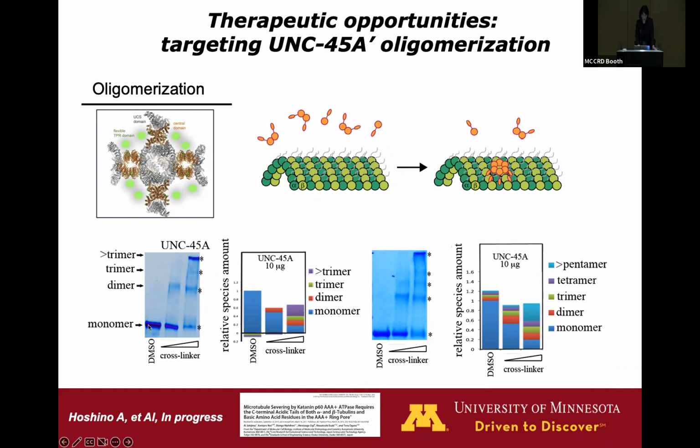We're looking at a monomer of ANC45, and then we add different concentrations of cross-linkers. And you can see that you have the formation of high molecular species of ANC45 in presence of the linker, which is something that you have to use in vitro anyway. Otherwise, the interaction is never going to be strong enough for you to be able to see.